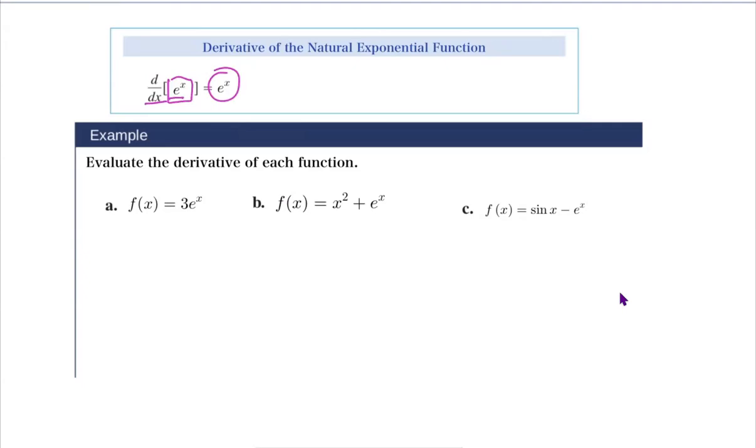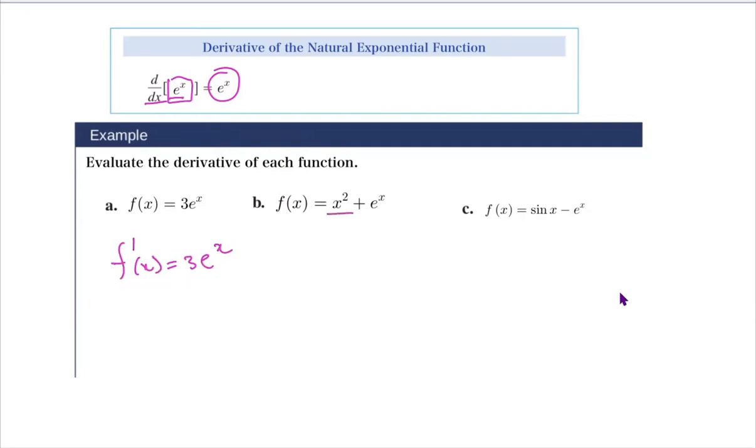Now, if we apply the constant multiple rule, that would give me f prime of x here is 3 exponential x, because its derivative is itself. So that's the derivative.